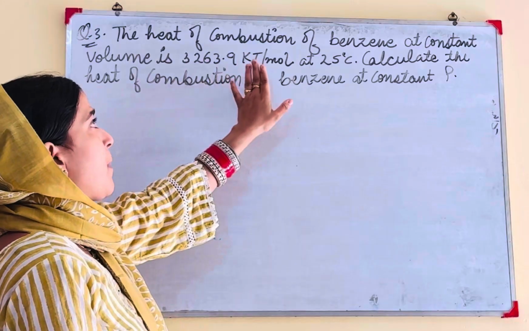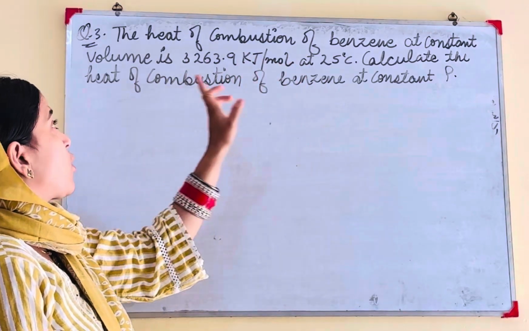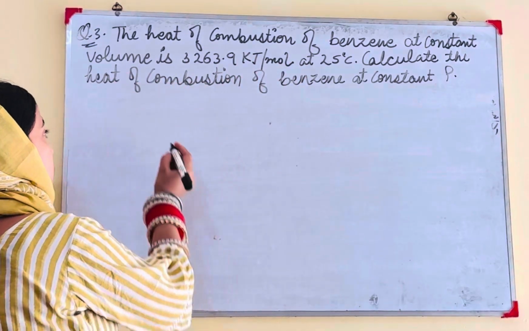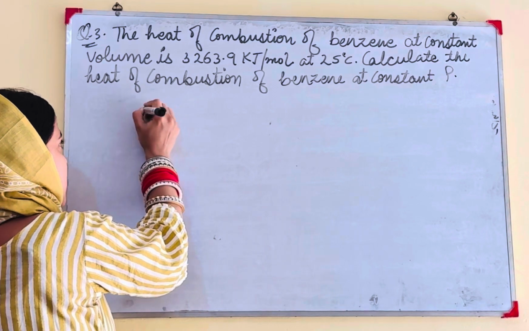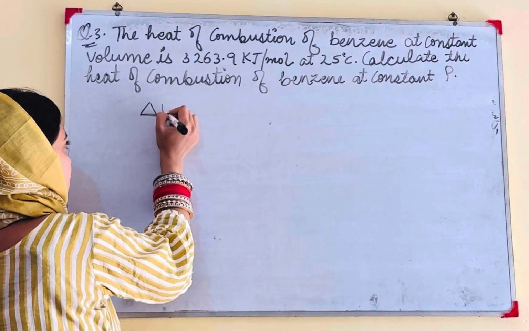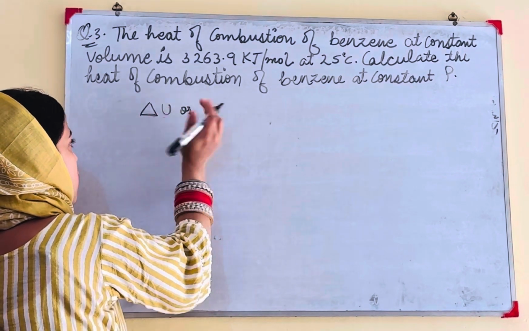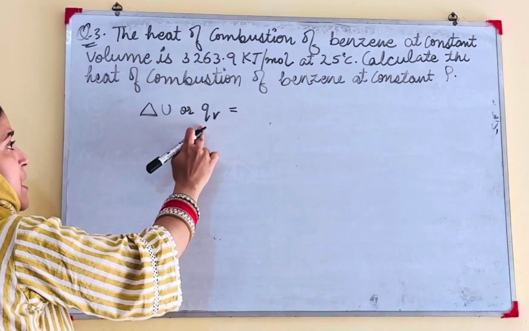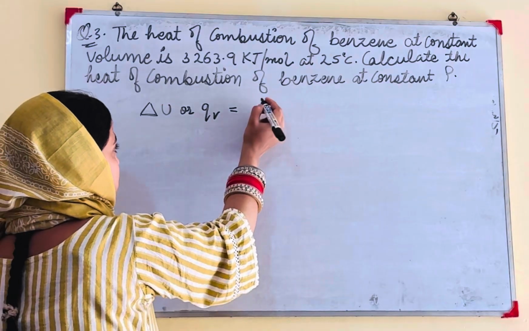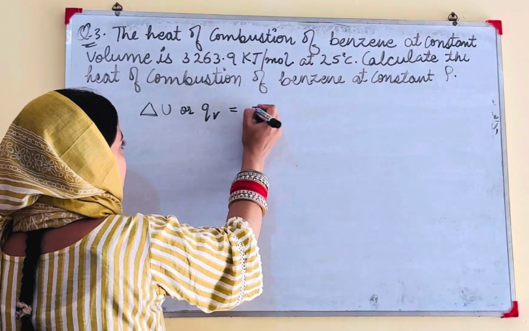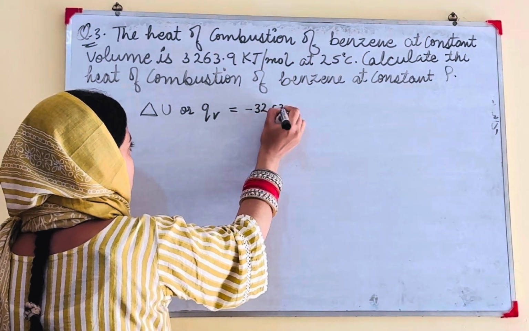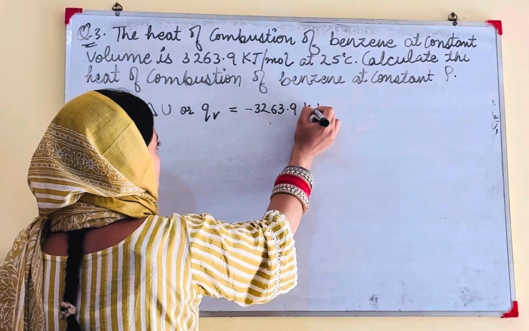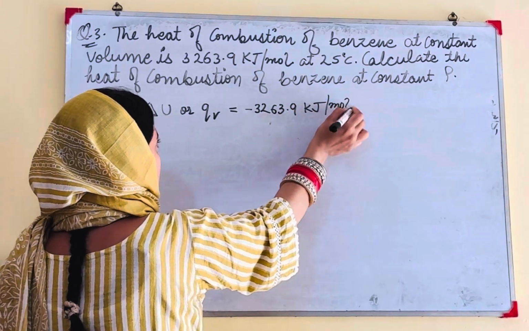The heat of combustion of benzene at constant volume, we can write it as delta U, or it will also be called QV, because it is heat basically at constant volume, which is minus 3263.9 kilojoule per mole.